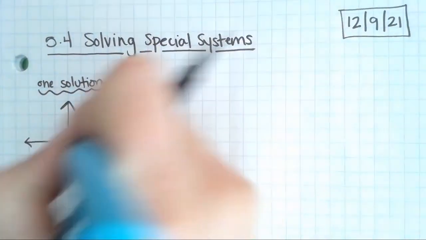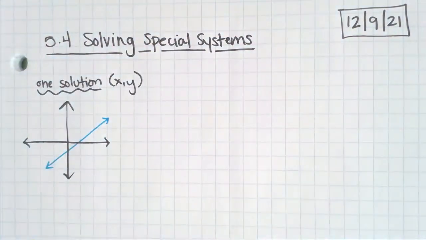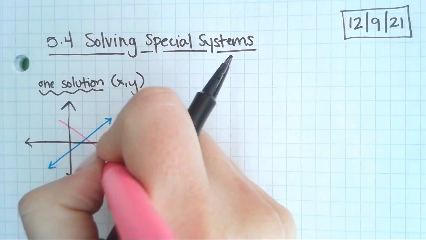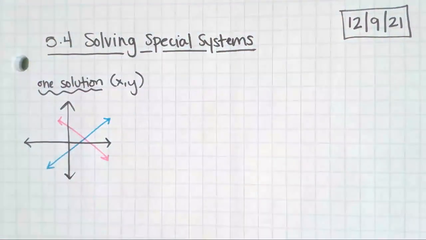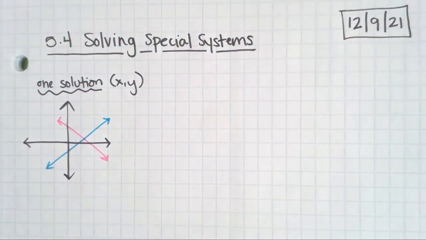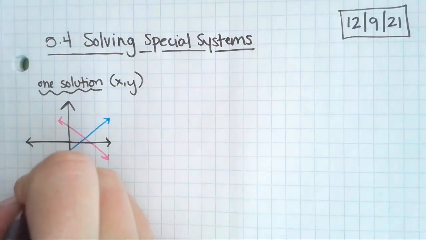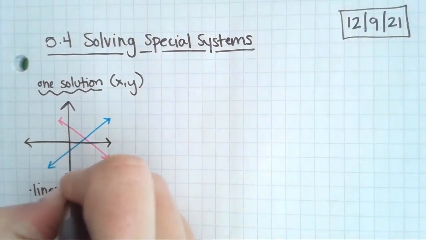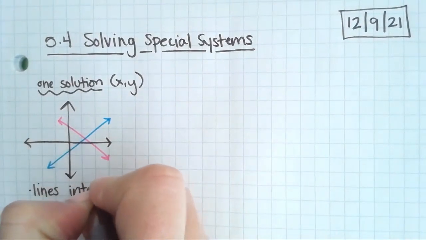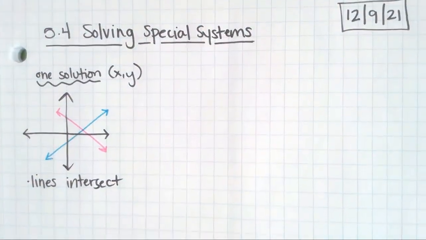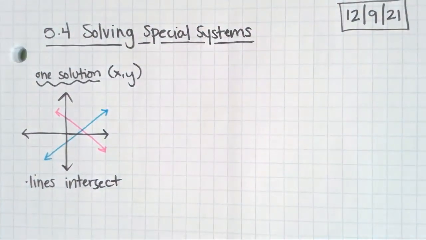On graph, we would see the intersection. Okay? The lines intersect. That's what we've seen. That's what we know so far.